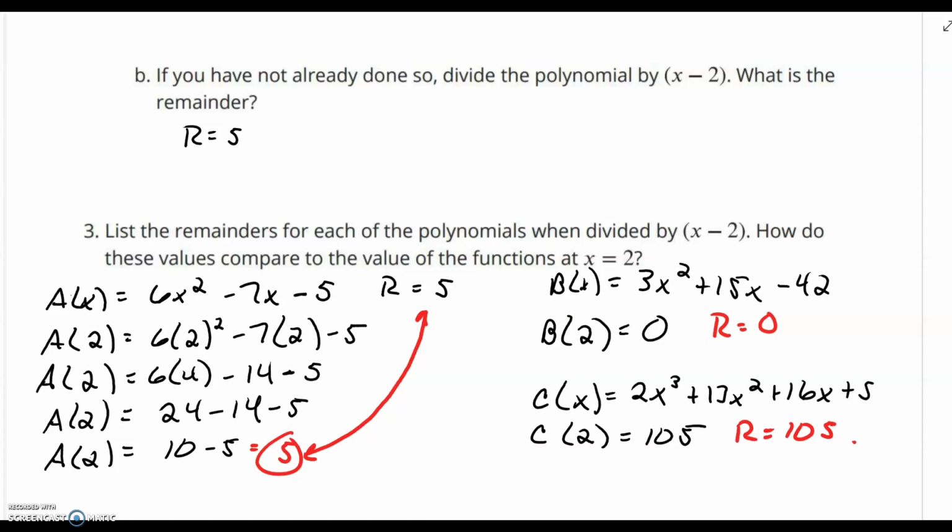So what I would encourage you to do is, the video is almost over, go in and evaluate function D whenever x is 2, function E whenever x is 2, and function F whenever x is 2. And you will see for yourself that whatever you get is going to be equal to whatever remainder you had.